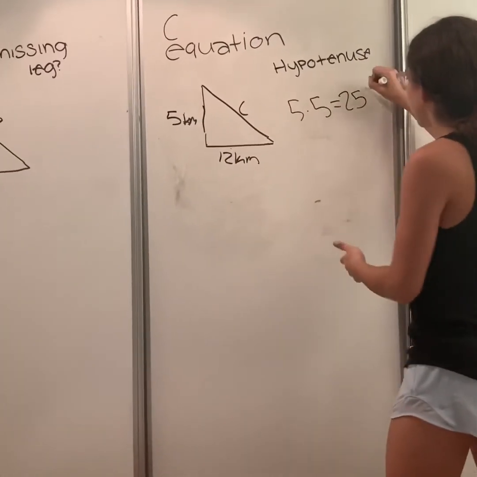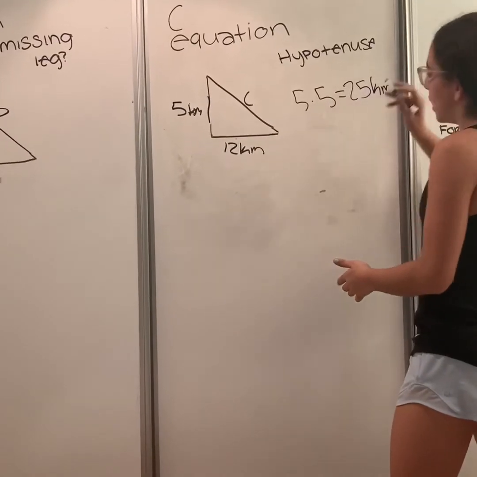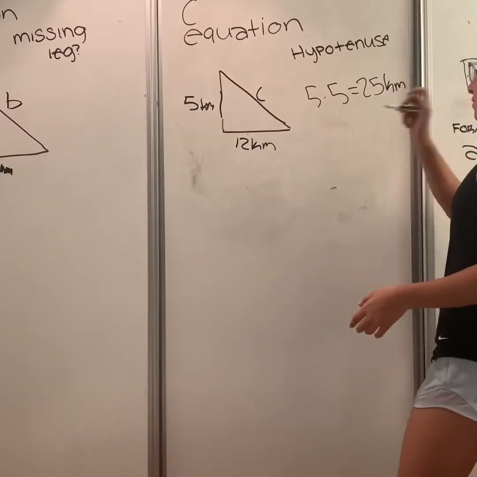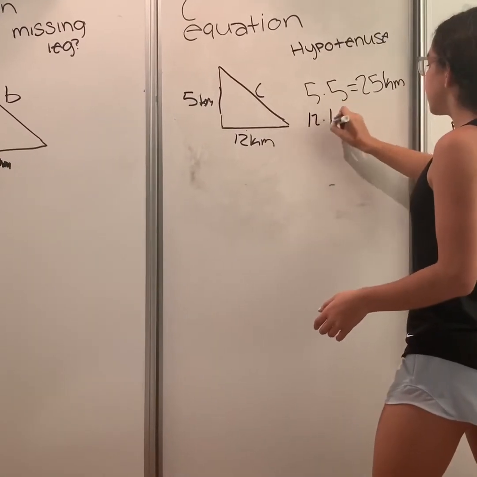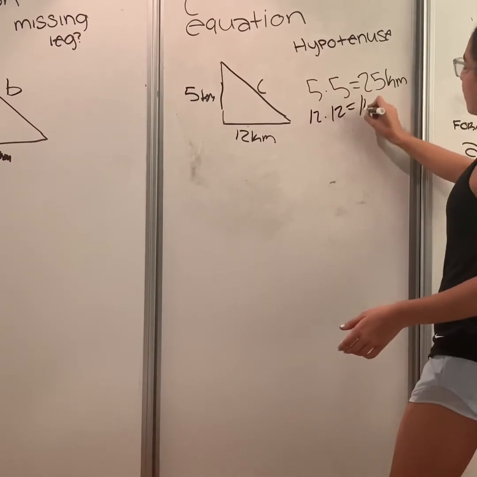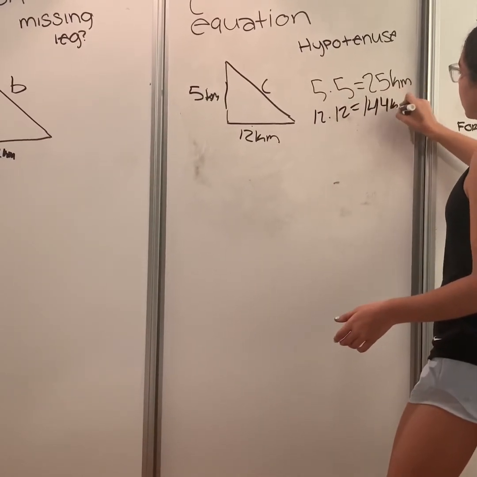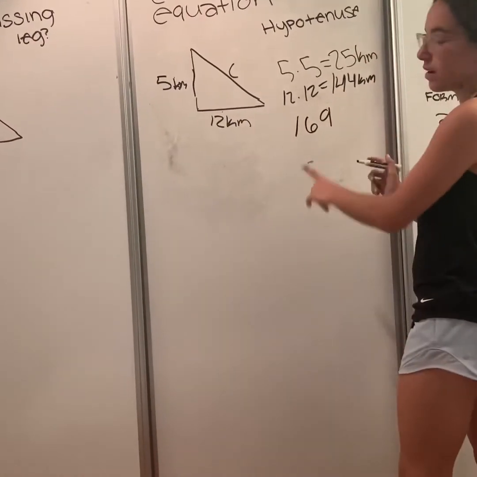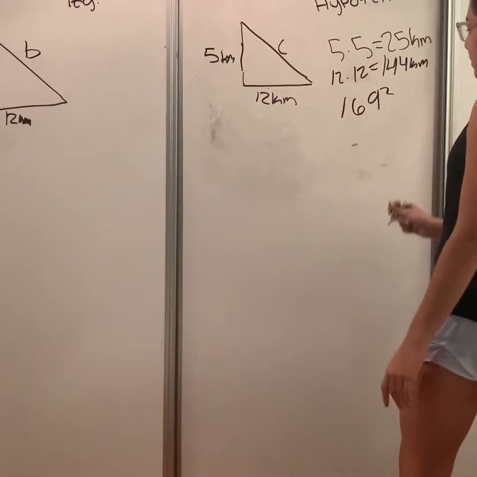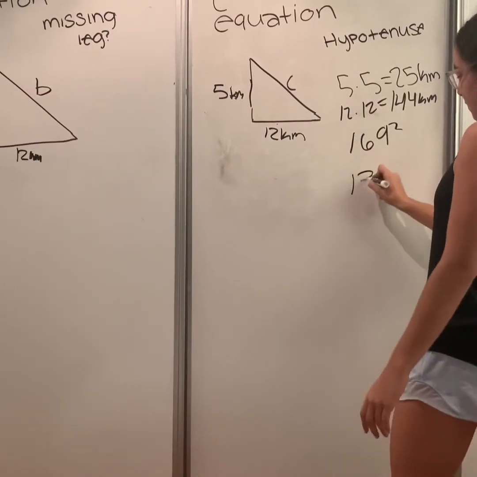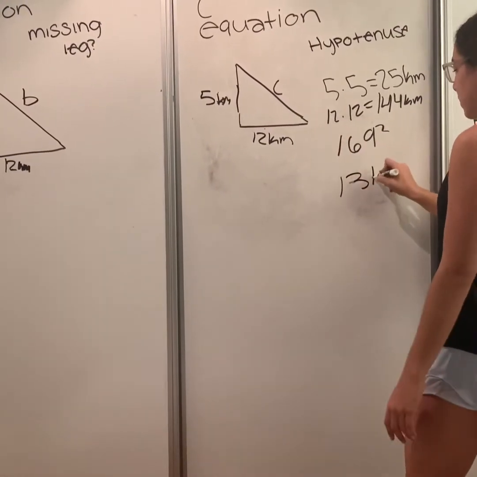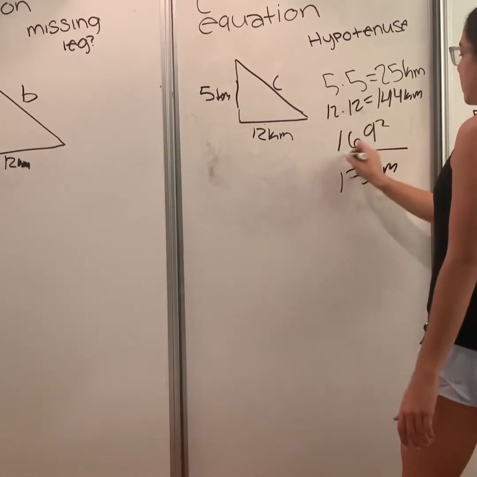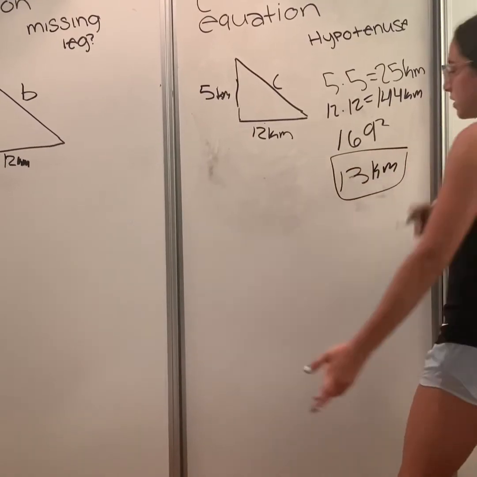Bring over the unit, kilometers, and then 12 times 12 equals 144 kilometers, which adds up to 169. Now we need to find the square root of 169, which equals 13. Bring over the unit. 13 kilometers is your hypotenuse and your answer.